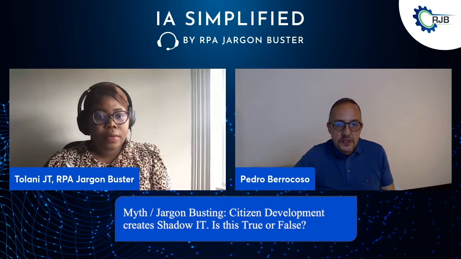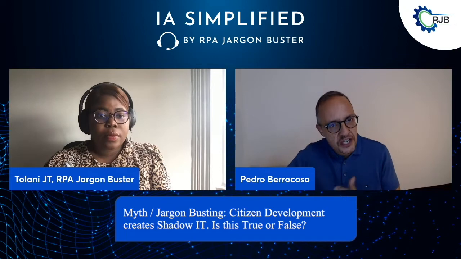What I think is important, though, to recognize is that if you look at what the citizens do from a complexity perspective, they're really dealing with tasks mostly, right? And in that spectrum, they're dealing with activities which IT would normally not touch, right?